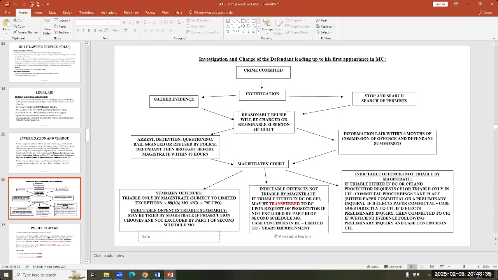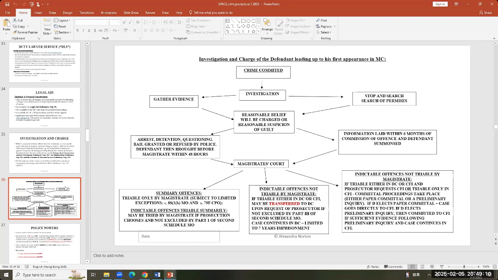So we have obviously an investigation, and ultimately, if the police are going to arrest a suspect, they must have either a reasonable belief that the suspect is going to be charged with an offense or a reasonable suspicion of guilt. That's like the foundation of their power to arrest. And once arrested, they must bring the defendant before a magistrate within 48 hours.